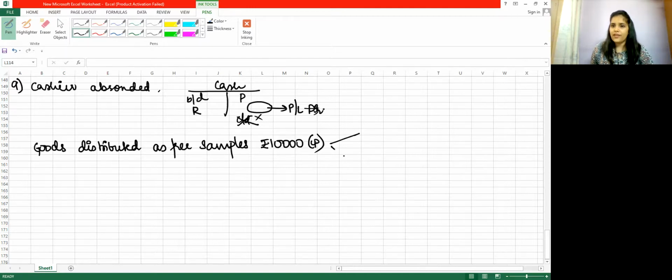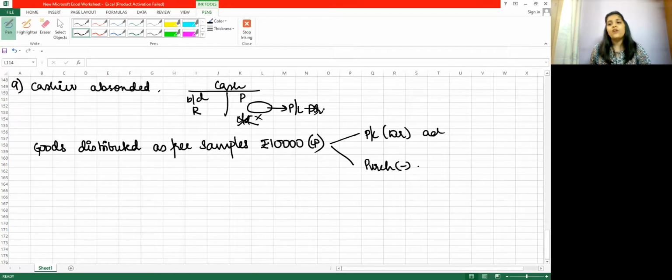Therefore, the two effects of this will be, one, definitely this is for advertisement purpose. Therefore, it will go to P&L, debit side, and you will write advertisement. And the second effect is you will minus the cost price of 10,000 from the purchases in your trial balance.